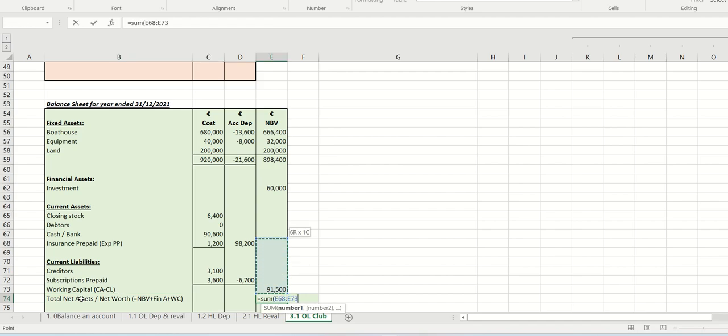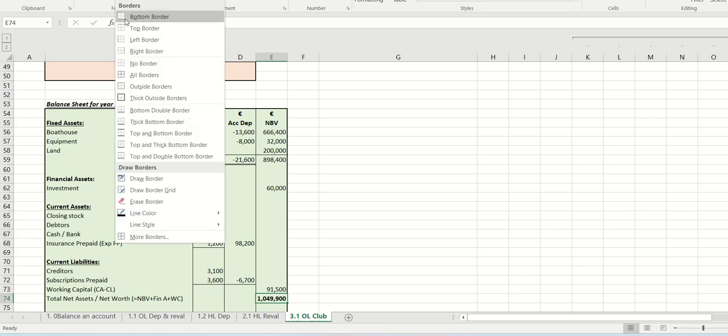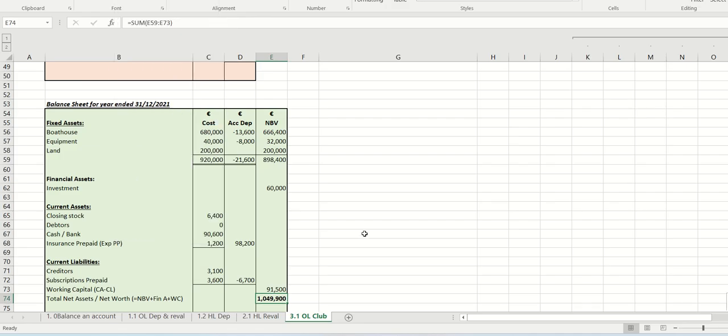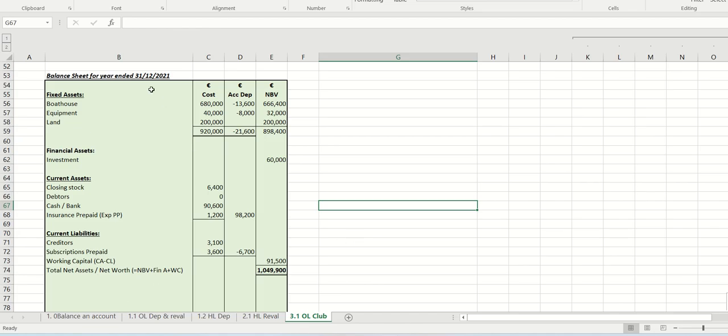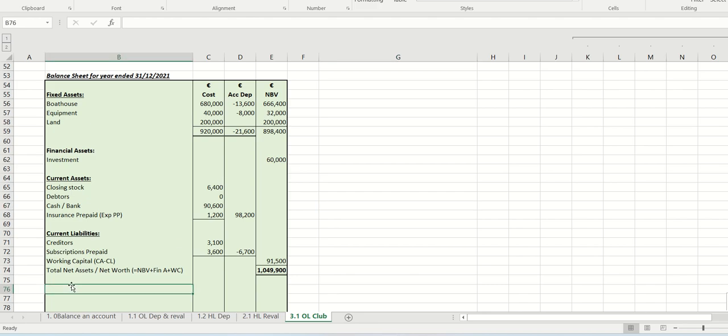So the 91,500 plus the 60 plus the net book value number. We're adding the three of those together and we are getting our total net assets number. That is the top half of our balance sheet done and dusted. Okay, so I urge you to just learn this layout. You're going to use it in so many. You're going to use it in club, service, farm, long question one, like so many. Know it really well. It will really help you.